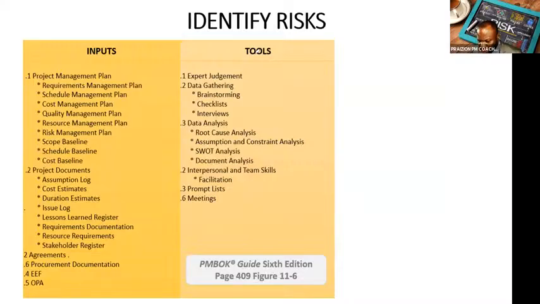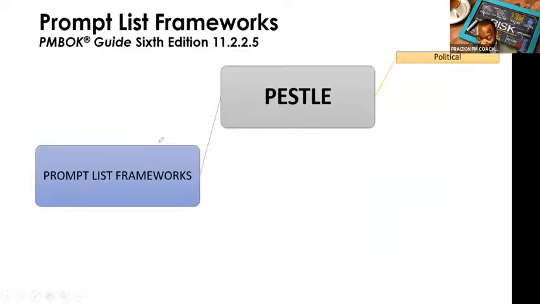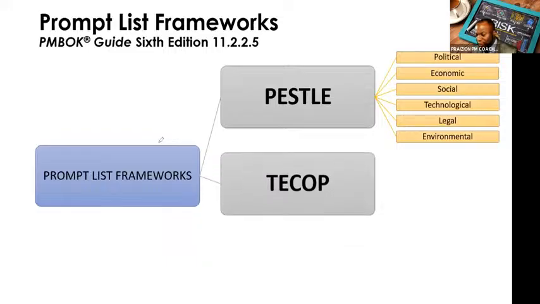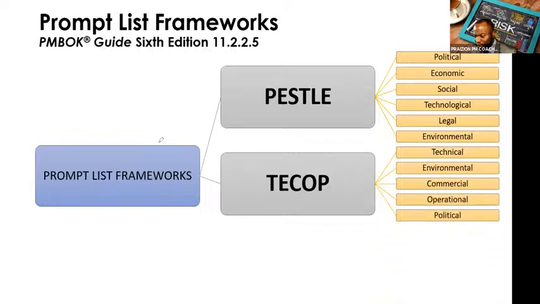So breaking it down bit by bit, we've got the PESTLE, which is taking a look at any political-related risks, economic, social, technological, legal, and environmental. It's called a PESTLE, P-E-S-T-L-E. The next one is a TECOP, pronounced teacup. We've got technical, environmental, commercial, operational, and political.